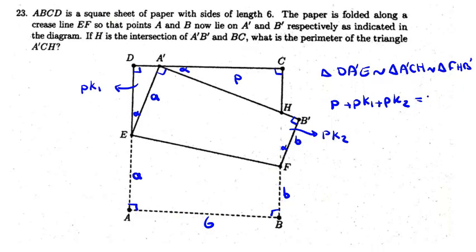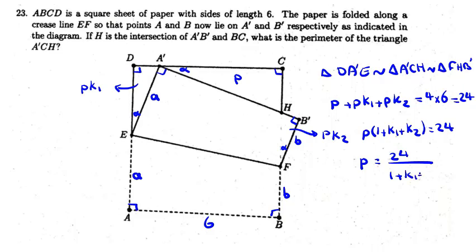So it will be 4 times 6, the perimeter of the square, 24. So P times (1 plus K1 plus K2) equals 24. So P equals 24 over (1 plus K1 plus K2). We want to find P, the perimeter of triangle A prime CH. So we should find K1 plus K2, this over this plus this over this.